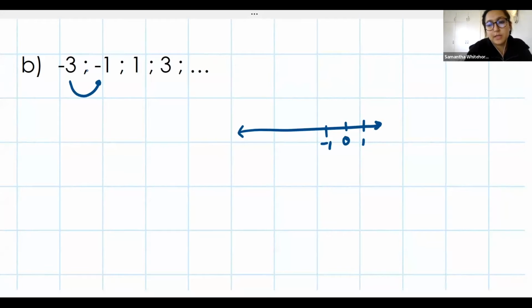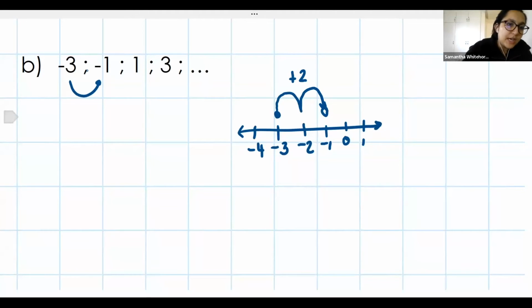Someone's not on mute, please put yourselves on mute. If we think back to integers, I'm currently starting at -3 and I want to get to -1. I can see from my number line that I have to add 2 in order to get from -3 to -1. So that is my difference here.